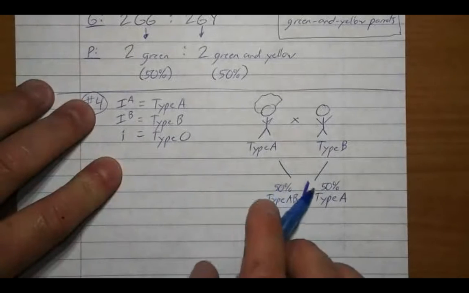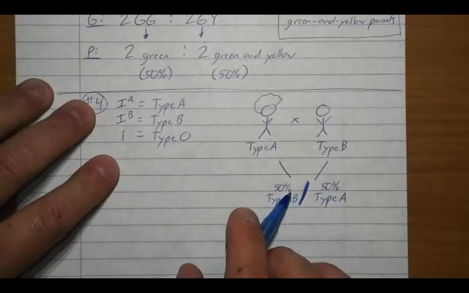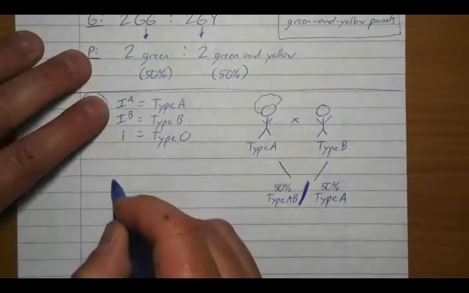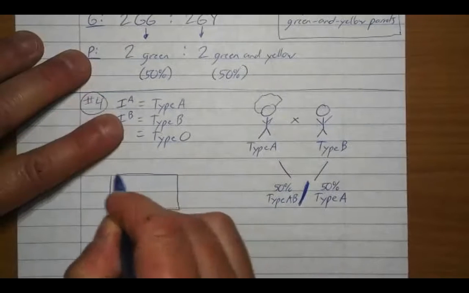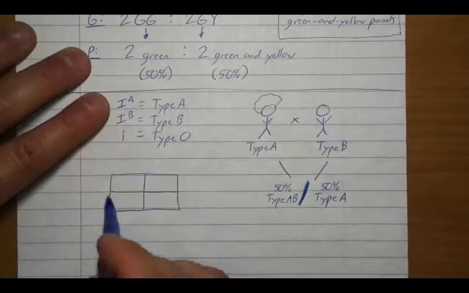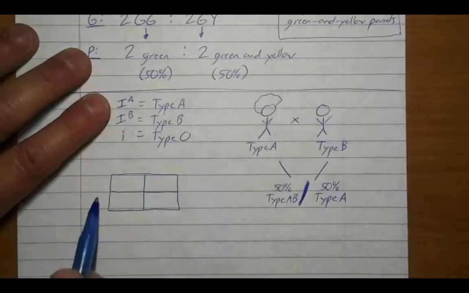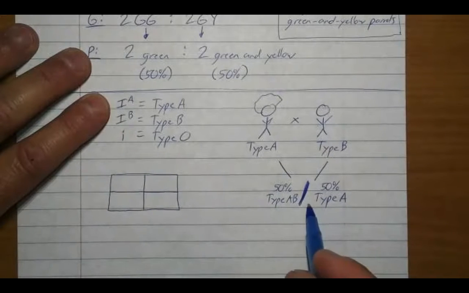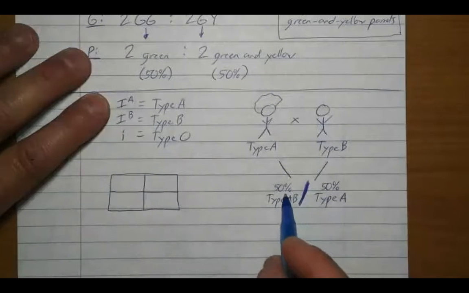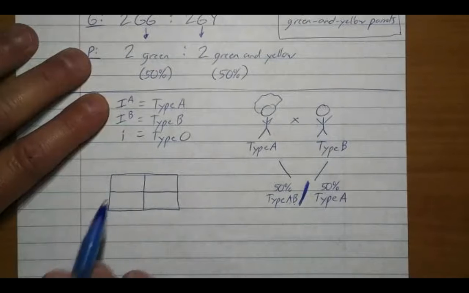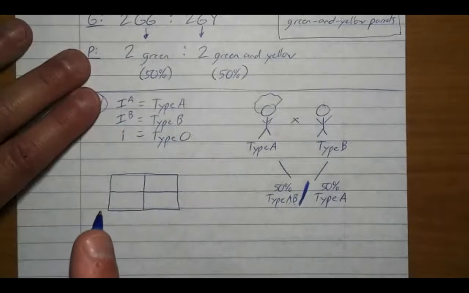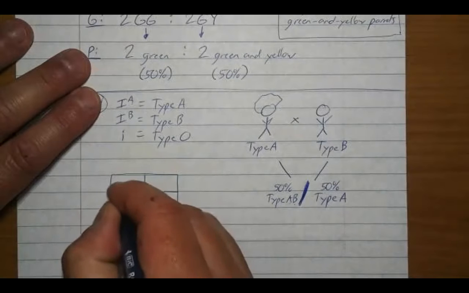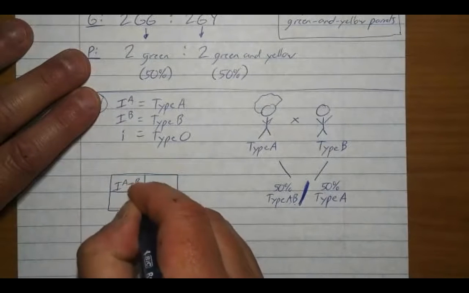I see it when they give me percentages like this. I'm like, hey, those are percentages I could put into a Punnett square. So I'm actually going to do a reverse Punnett square. I'm like, what the heck is that, Maestro? You'll see. All right. So normally I put mom on the outside, dad on top. But I'm actually going to start with the kids on the inside. And so what I'm going to do is I'm going to say, okay, 50% of them were AB. I know there's only one way to get AB blood is to have one capital I to the A, one capital I to B. So I'm going to say that 50% of them had that.